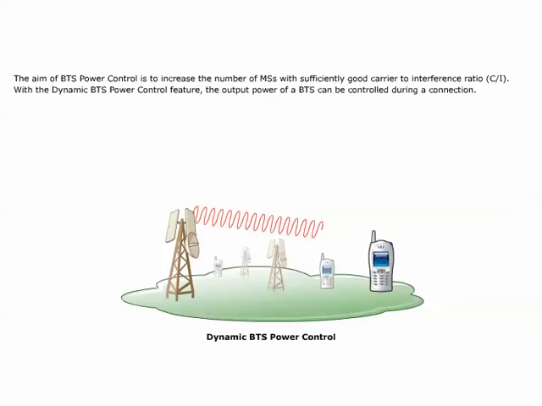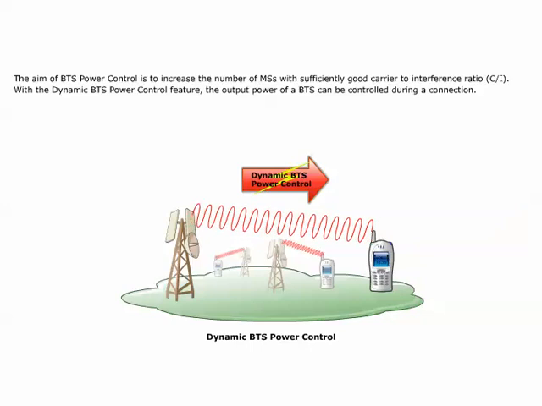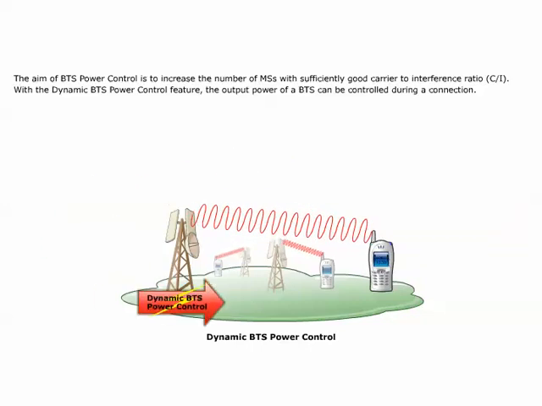With the dynamic BTS power control feature, the output power of a base transceiver station, BTS, can be controlled during a connection. The control strategy is to maintain a desired receive signal strength and quality in the mobile station, MS. The aim with BTS power control is to increase the number of MSs with sufficiently good carrier to interference ratio, C/I.